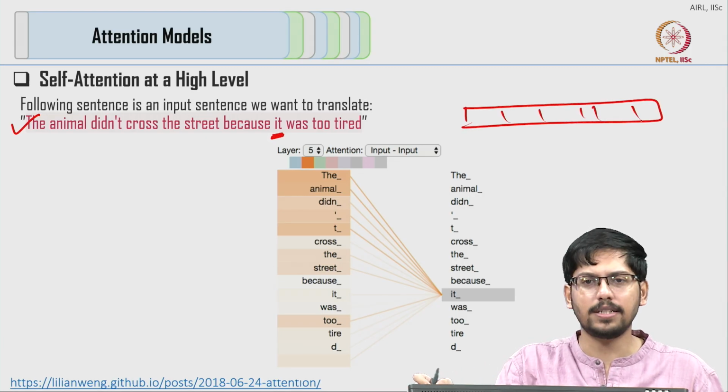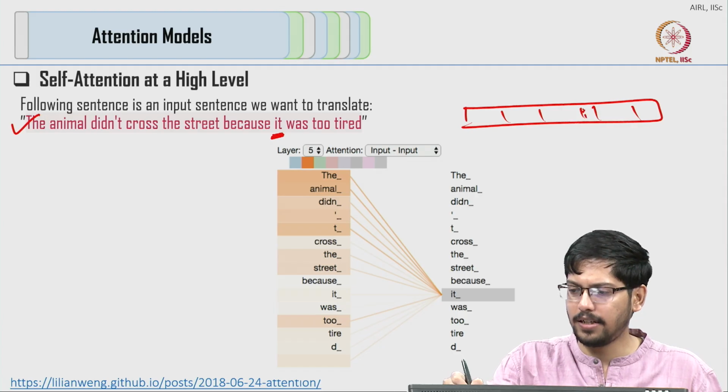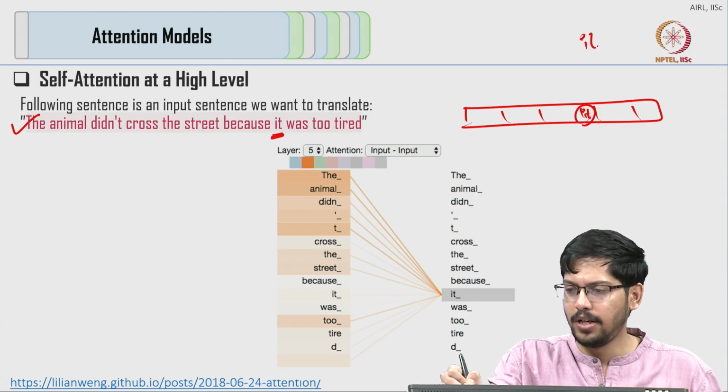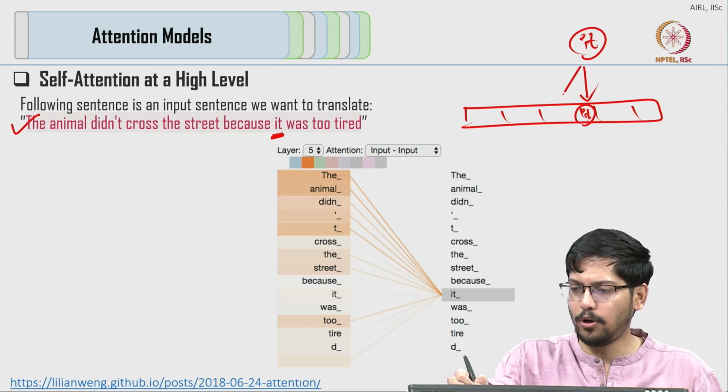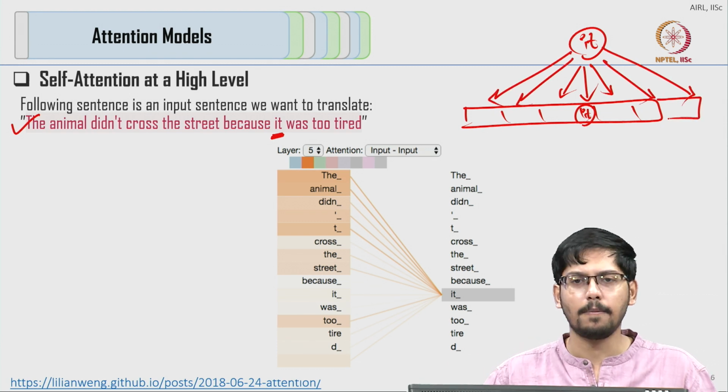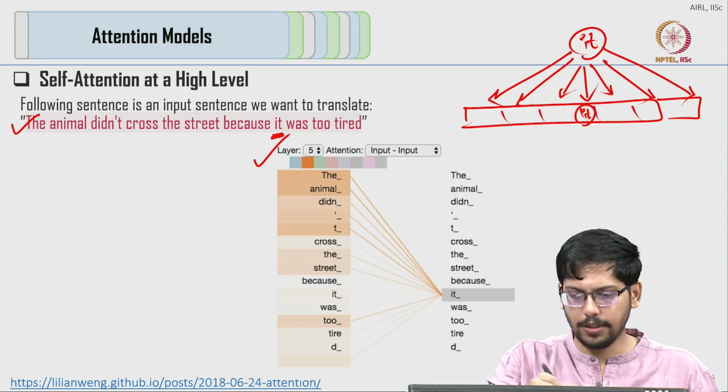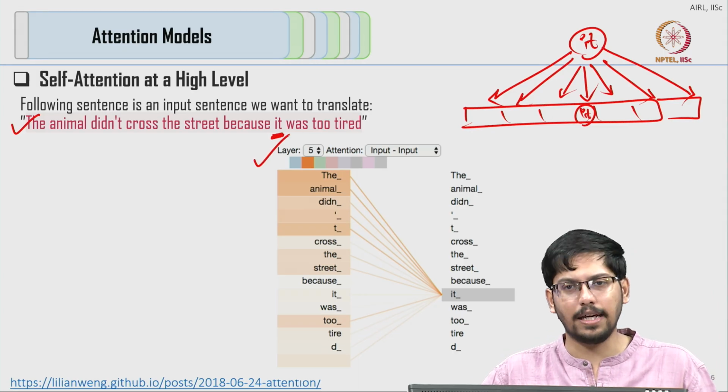So we have a particular sentence, and if we select a word which is "it", we want to understand the importance of this particular word to all the other words in the sentence, and this particular figure is trying to do exactly that.